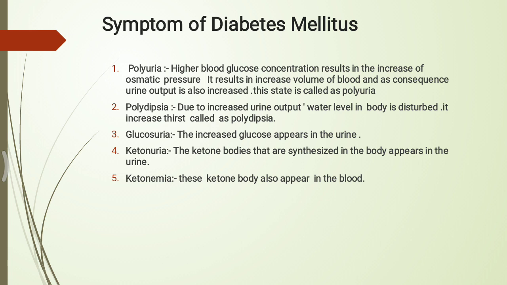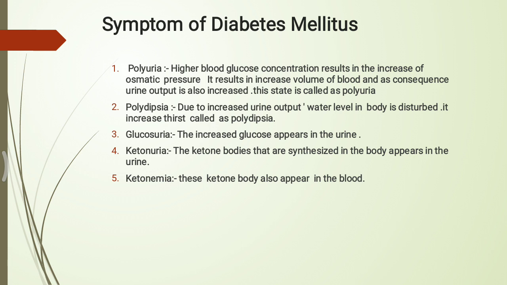This state is called polyuria. Increased urine output is called polyuria, and it is a symptom of diabetes mellitus.